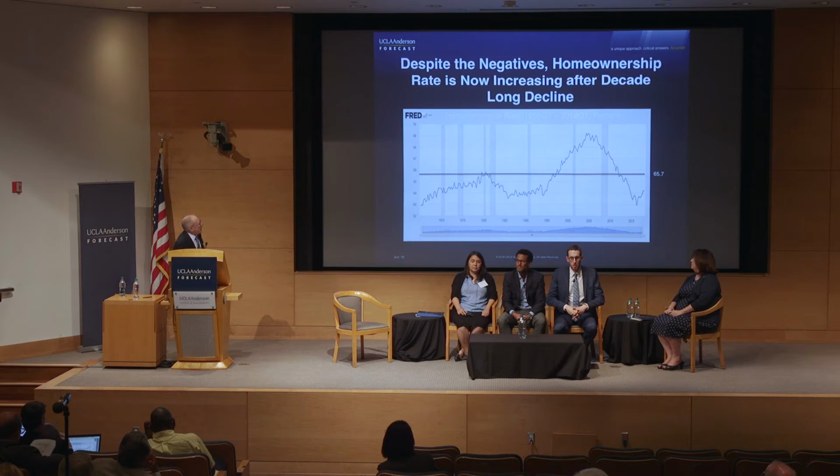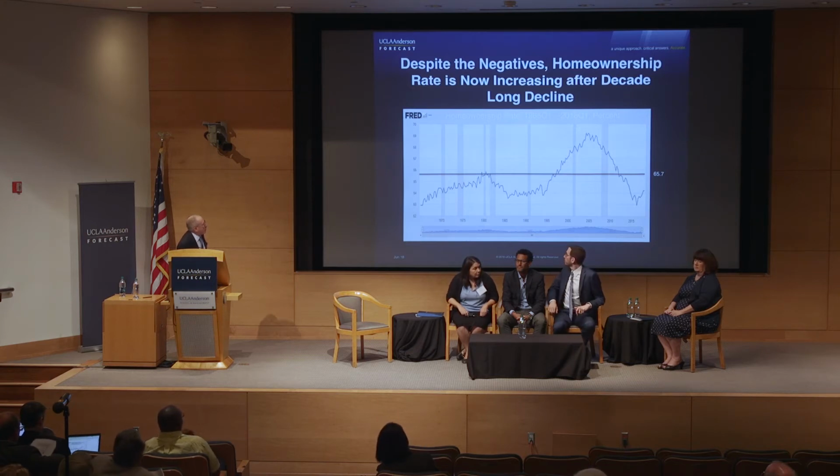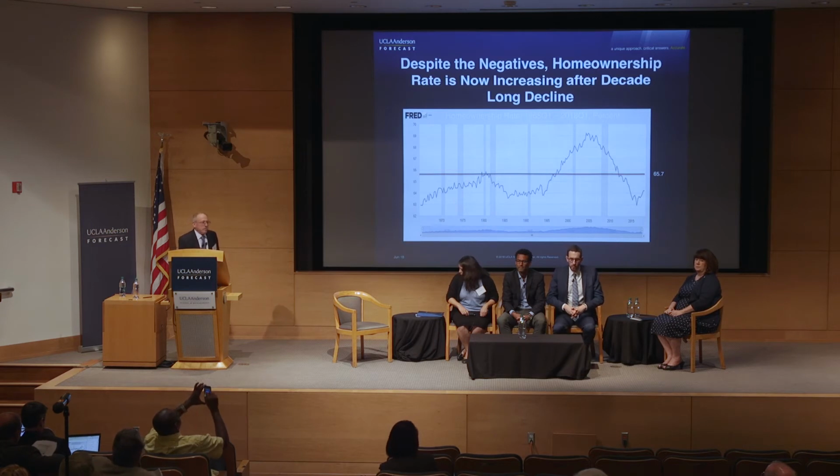Okay. Now the other thing is we're going to see home ownership beginning to rise after a very long decline. We had a big bubble in home ownership in late 2003, 4, 5, and 6, where basically if you could fog a mirror, you could get a mortgage loan.